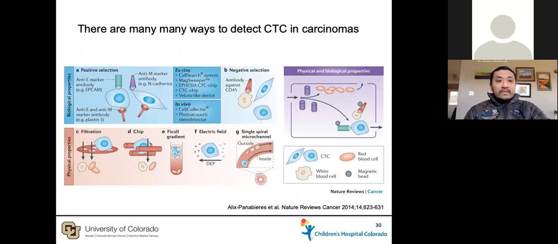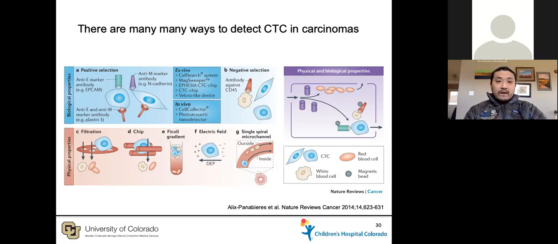There have been many ways used to detect circulating tumor cells in carcinomas, as a more common cancer. There is the commonly known CellSearch system, which uses EpCAM as a positive selection mechanism. There has been negative selection, just taking out all the CD45 positive cells from blood and then using, for example, flow cytometry or another capturing mechanism after that. Physical properties have been used successfully, such as size-based filtration, or Ficoll to get just the mononuclear cells and then excluding cells after that.